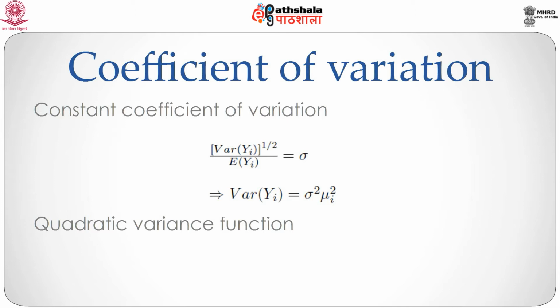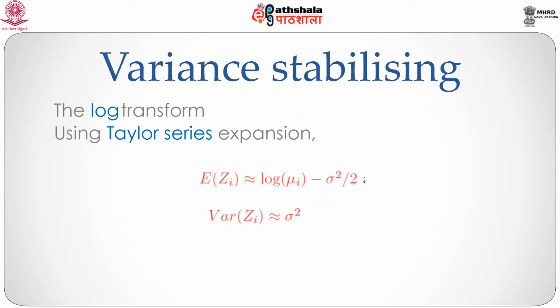So, assuming a constant coefficient of variation leads to a quadratic variance function. Let us first see how we can use a variance stabilizing transformation to ensure that variance of yi equal to sigma square mu i square will hold.